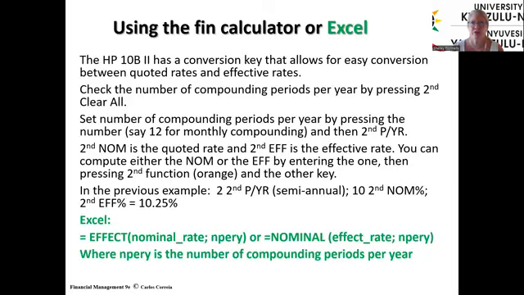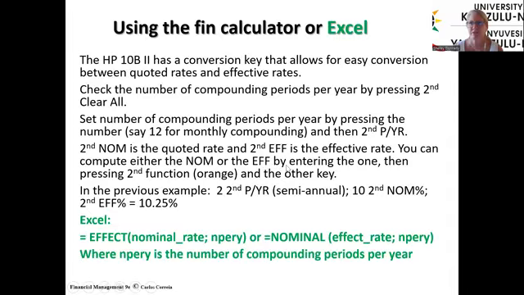So first you put the correct PYR setting in, then you click on nom%, and I'll show you how to get there. If you've got your nominal rate, your quoted rate from the bank, you'll enter that, then second function nom%, and then you'll ask it for the EFF% by pressing second function EFF%. If you've got the EFF% and you want the nominal percent, you do that in reverse.